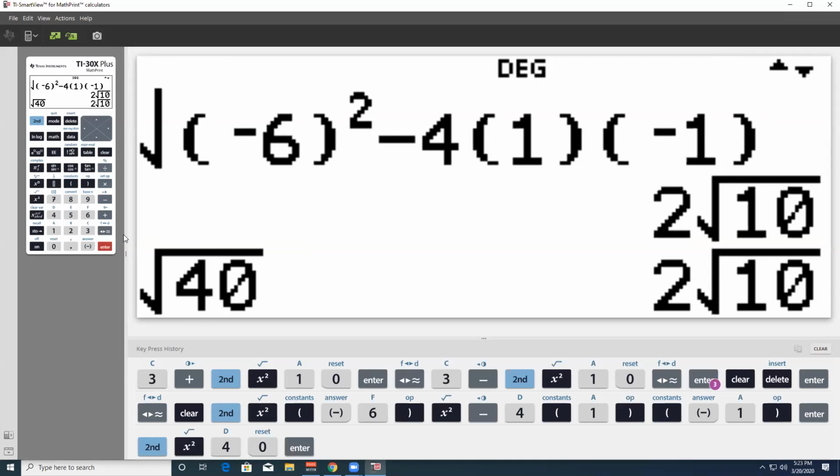No need to make a factoring tree like I've been doing. Just some fun things about your calculator. I do not recommend typing in the whole quadratic formula in your calculator. I only recommend typing in the square root part as I did above. All right, I'll bring that down.